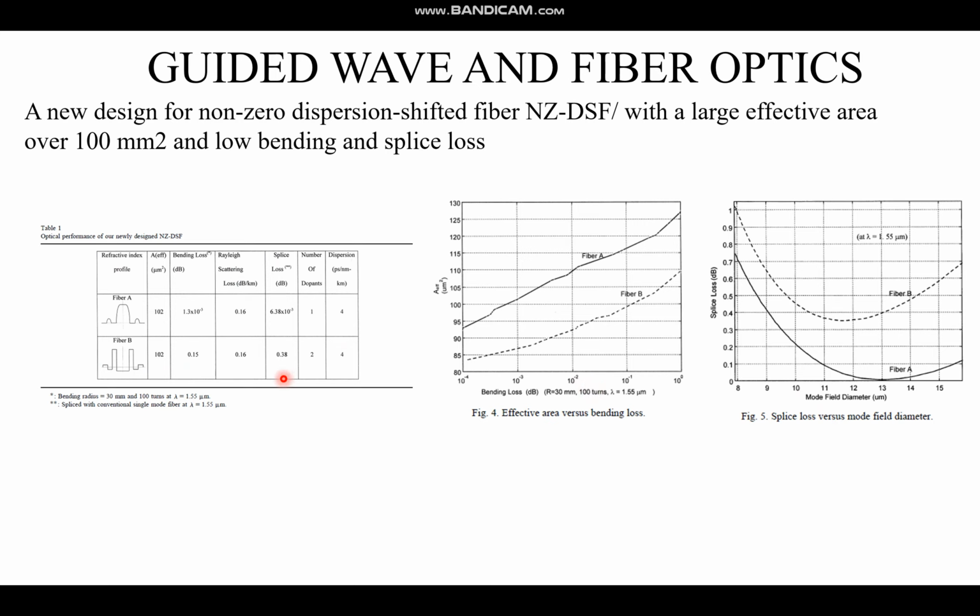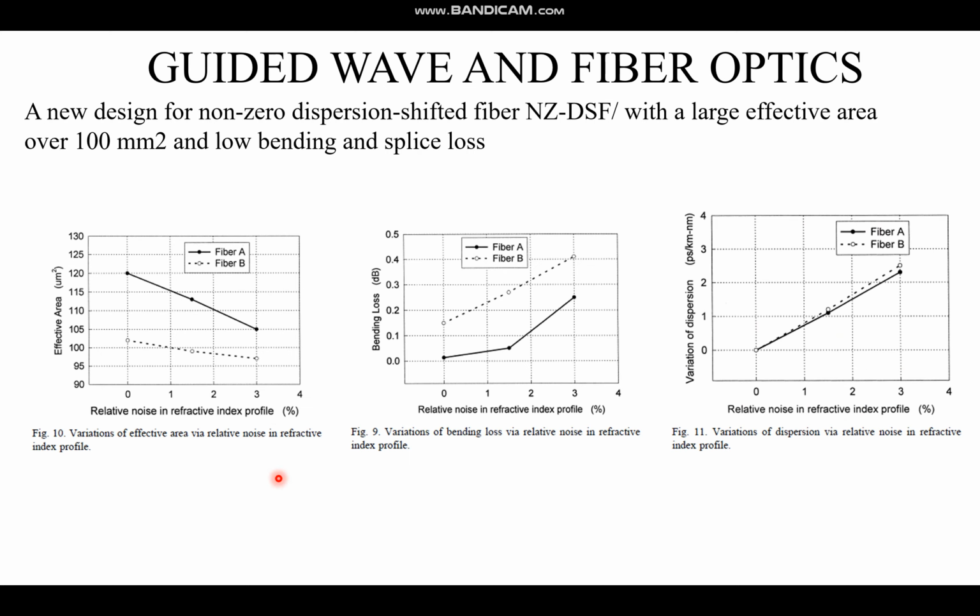And they also considered different structural fibers. Type A is shaped like this, and type B fiber is like this. They analyzed the bending loss per effective area, the mode field diameter, and the splice loss.